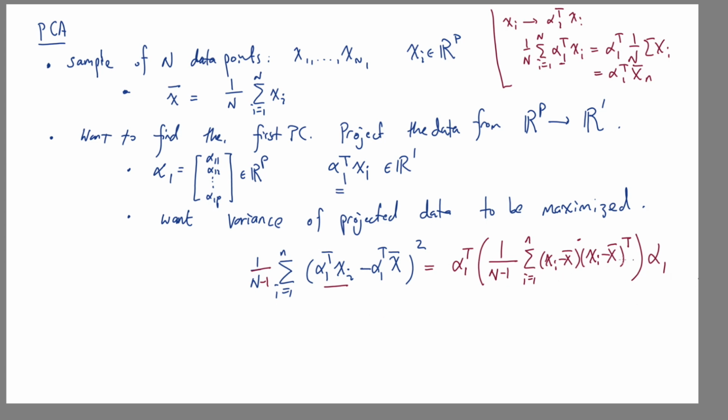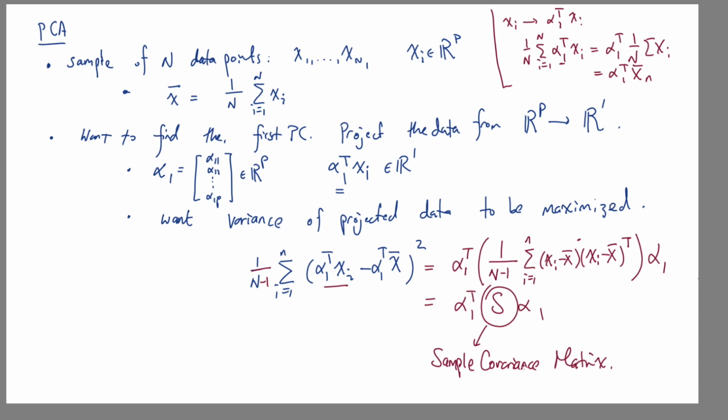The reason I want to get this expression is this guy here is actually called S. This is the sample covariance matrix. Okay, so this is the matrix of covariances between the xi's, and this is a really important quantity.